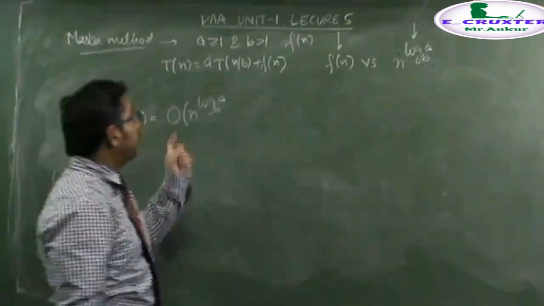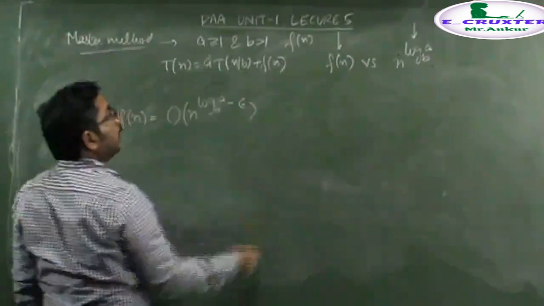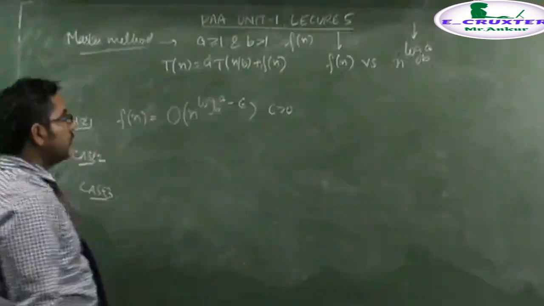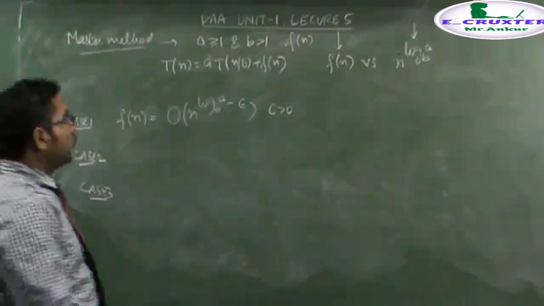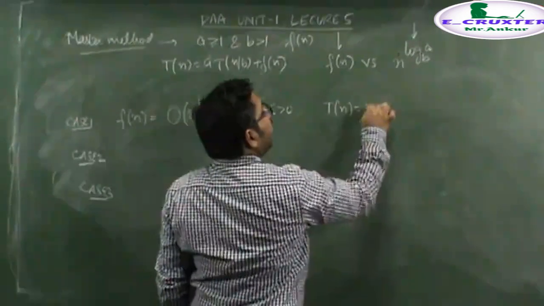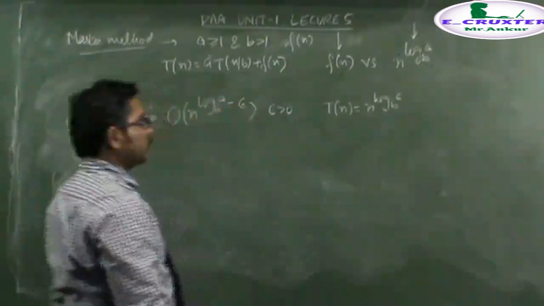Upper bound is denoted by big O, and we are subtracting a small term epsilon, where epsilon is a constant greater than 0. Then the running time is T(n) = Theta of n raised to power log base b of a.